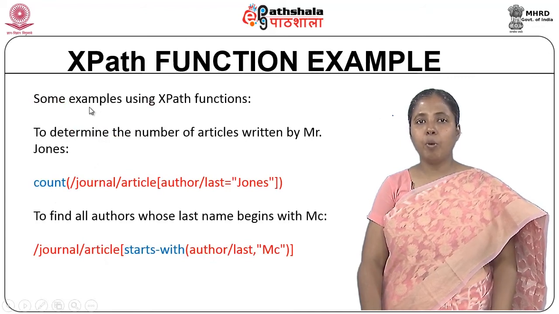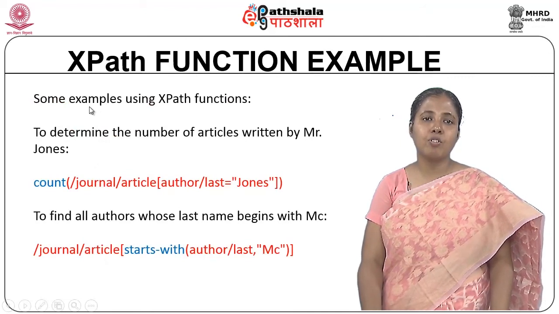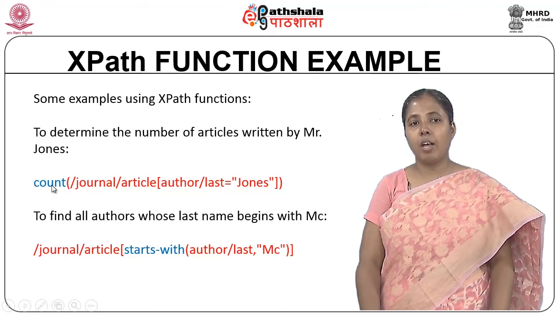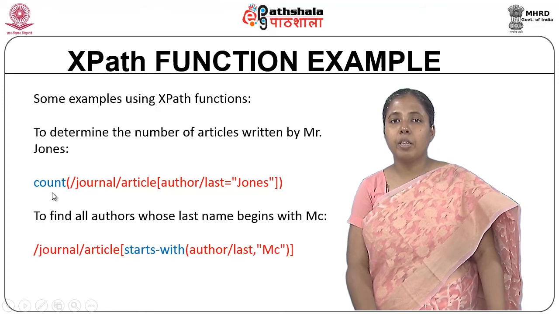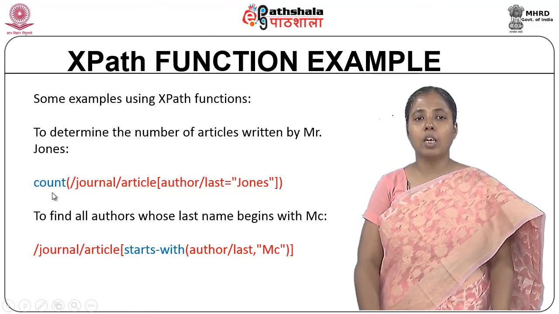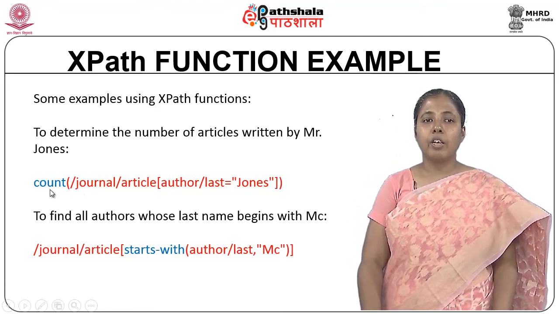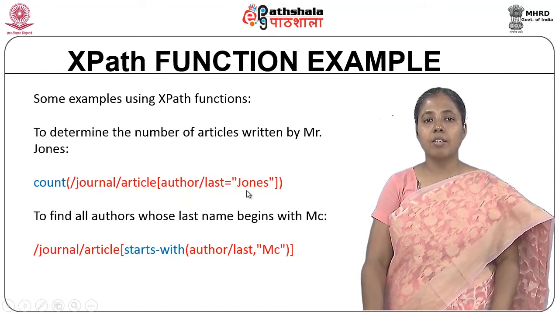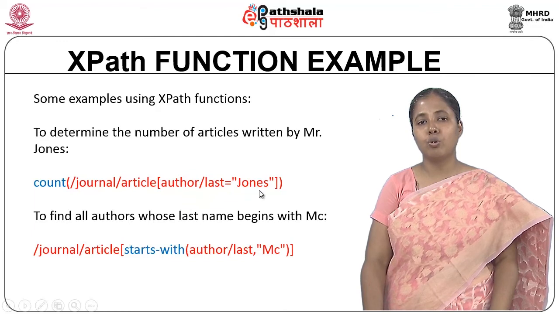Now, this is an example of how an XPath function is used. Here you can see that to determine the number of articles, we can use a function called count. It determines the number of articles that is returned for the person called Jones.